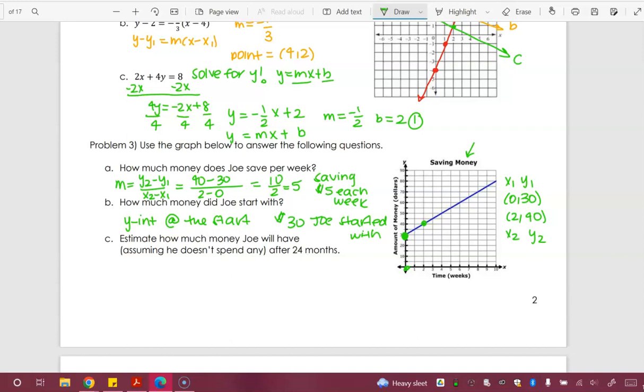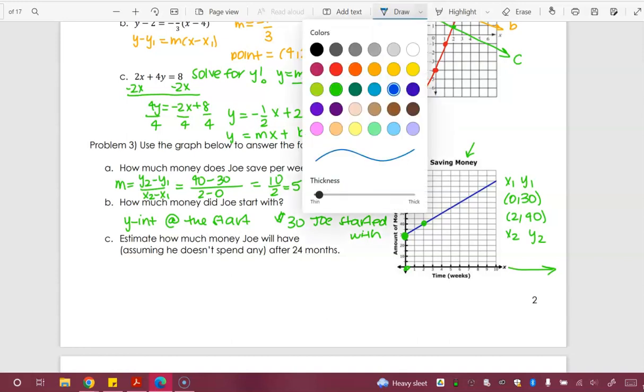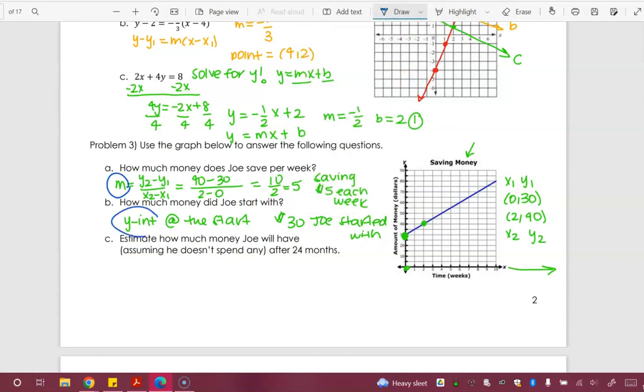And then the last question is estimate how much money Joe will have after 24 weeks. Notice the graph doesn't go to 24. That's when we use the equation. And guys, we have to write this equation, but not to worry, I just found the 2 things I need. I need the slope and the y-intercept to write an equation. So I'm going to plug in the slope we got, 5, and our y-intercept, 30. 24 months.